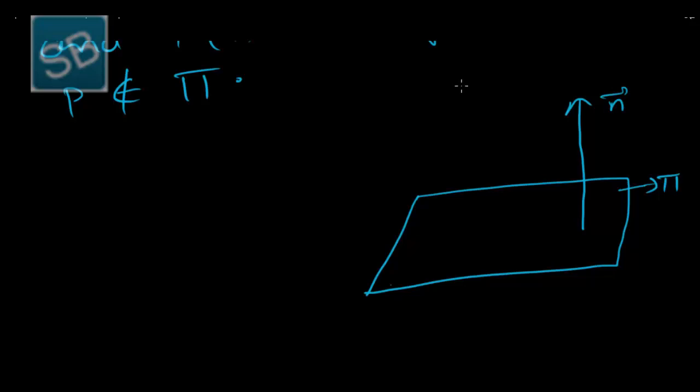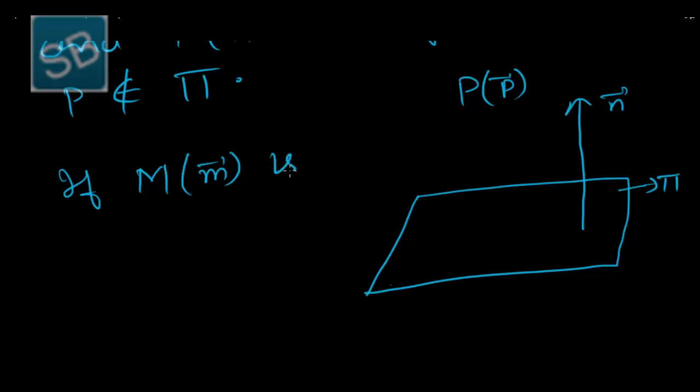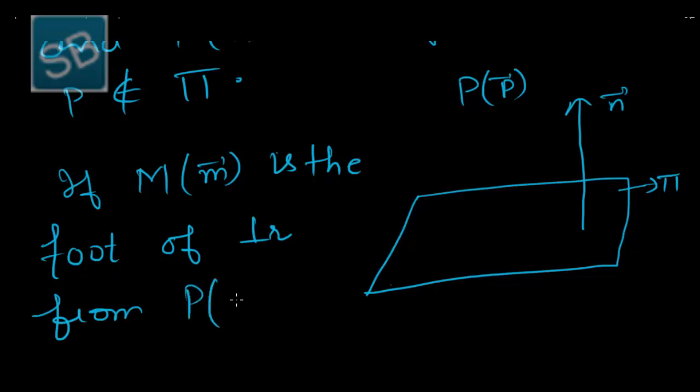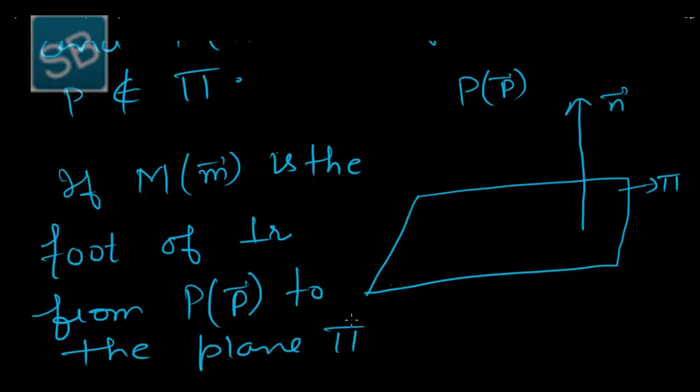Now suppose P is the point with position vector p, and let M with position vector m be the foot of the perpendicular from point P to the plane pi, that is we take from P a perpendicular to the plane at M.